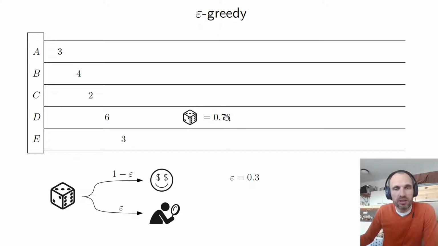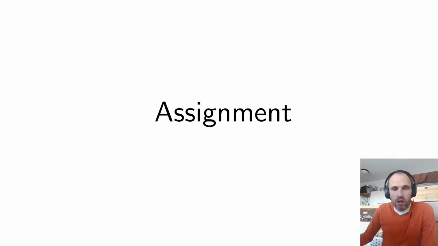Then you would pick this with 20% probability, so 0.2 times 0.3 is 0.06, which you have to add here as well, in case that you explore. Okay, that's epsilon-greedy.